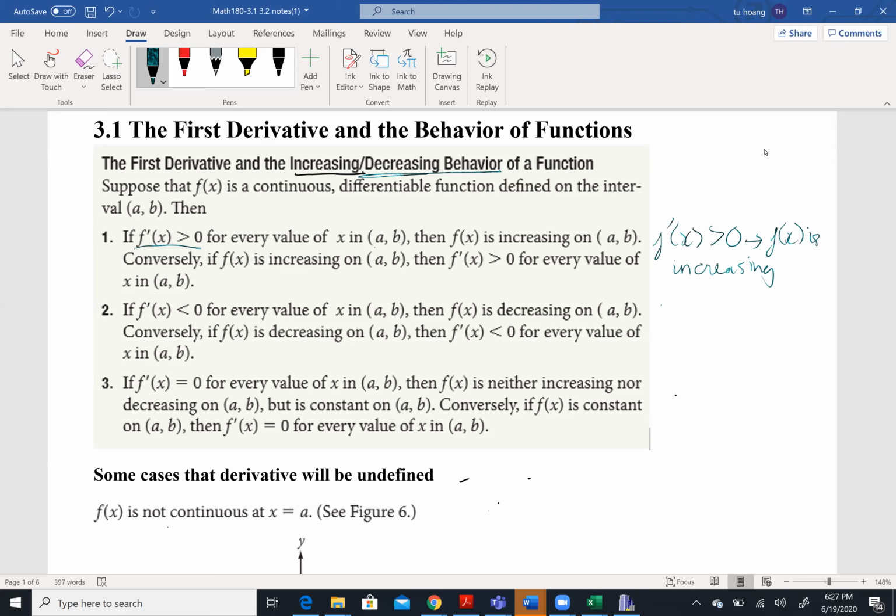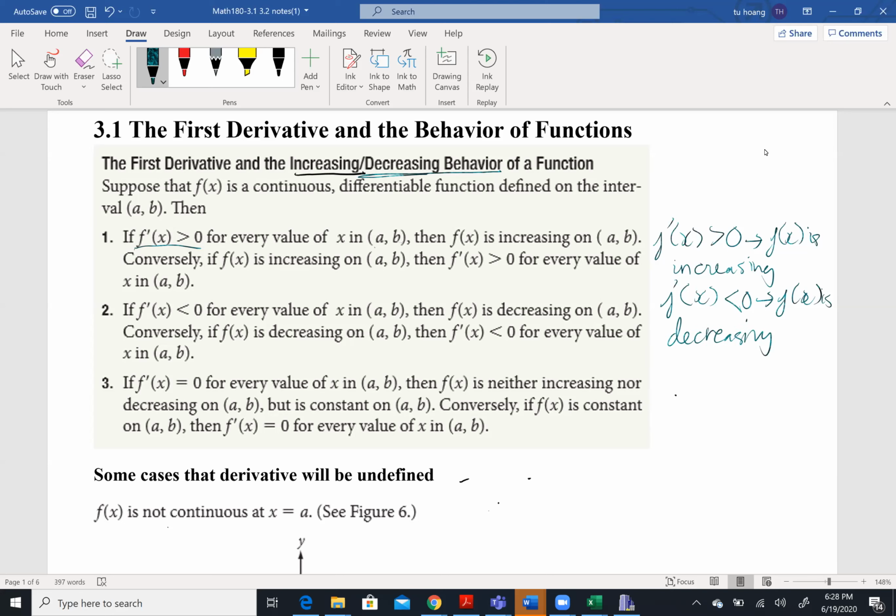Conversely, if f'(x) is less than 0, then f(x) will be decreasing.